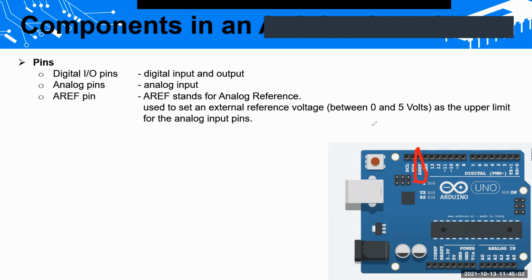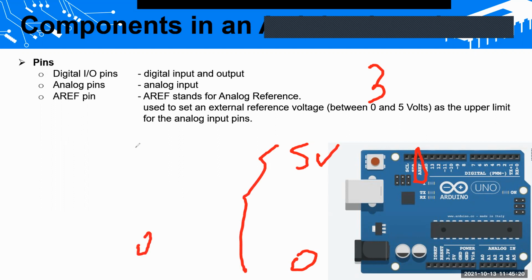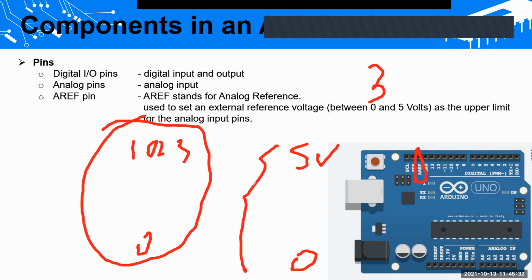But if you need to reference a certain voltage like 3 voltage, then, as I said before, without considering the analog reference it will map the 0 to 5 voltage range to 0 to 1023. By using this analog reference pin, you can map these 1023 values to in-between values like 3 voltage.